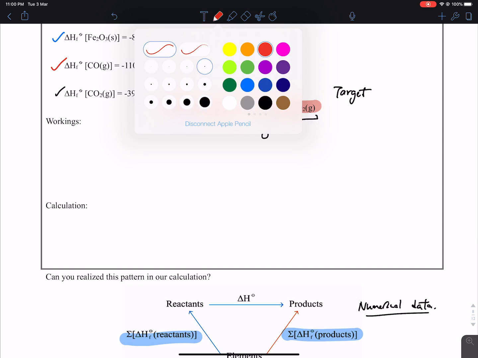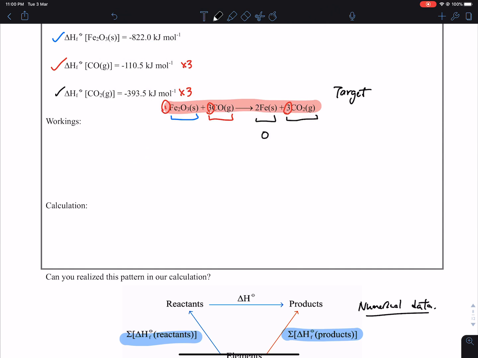So, next one. The calculation will become very straightforward, very simple. So, the enthalpy change for that one will be equal to, you don't need to show 0 over here. Actually, don't need. If you want to show it, you just show it, doesn't matter. So 3 times negative 393.5, and then now minus, okay, pay attention to this one.